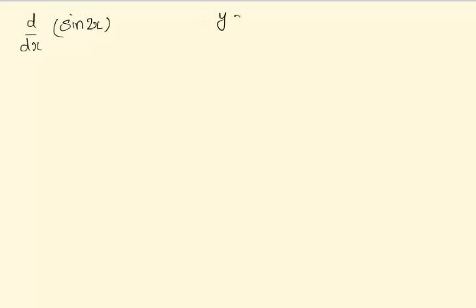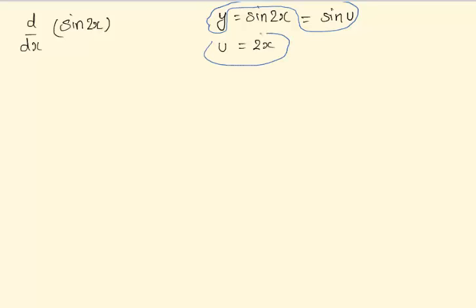We can write, let's say y is equal to sine 2x is equal to, let's say, sine u, where we have substituted u is equal to 2x. Now y is a function of u, y is equal to sine u, and u is a function of x. Then by chain rule, we can apply here dy by dx can be written as dy by du into du by dx.